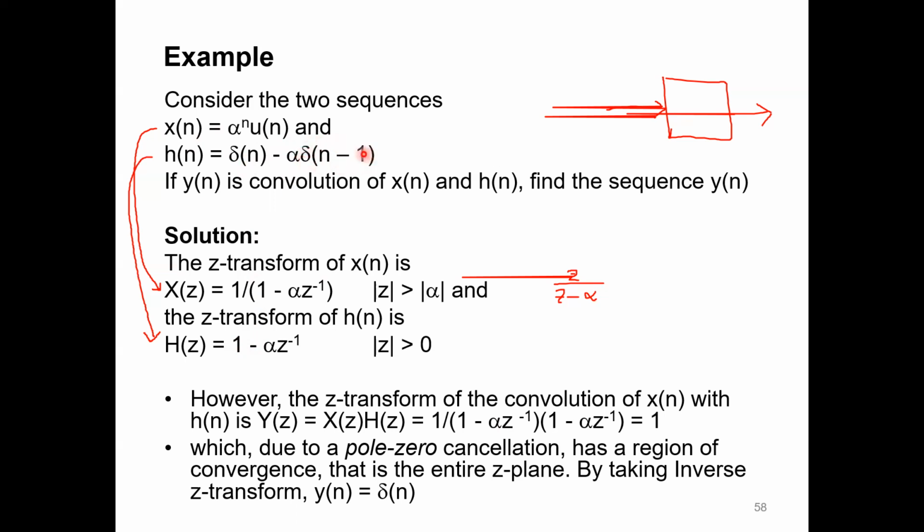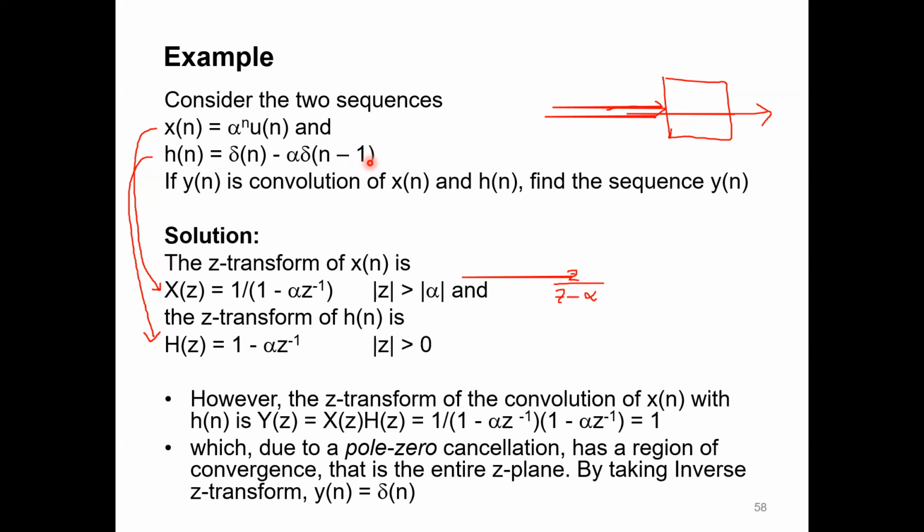How do you calculate the Z transform of delta n minus 1?